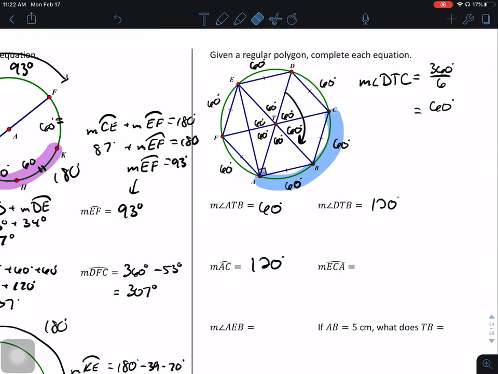Measure of arc ECA. That's 1, 2, 3, 4 60s. 4 times 60 is 240.